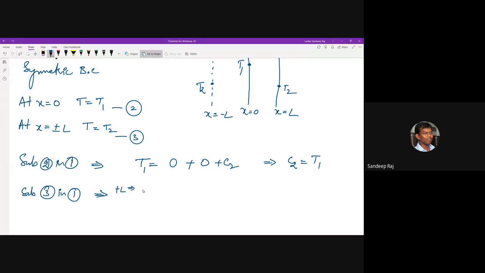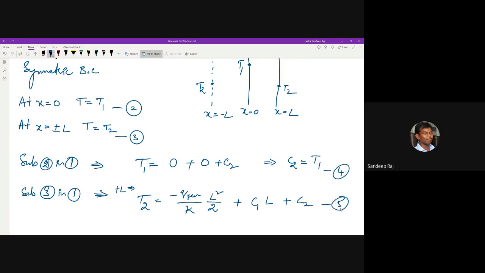Plus L will imply that T2 is equal to minus Q gen by K into L square by 2 minus, I will take plus because I'm considering plus L, C1 into L I'll get in place of x, plus C2. This is what I'll get. Let me call this equation 4.